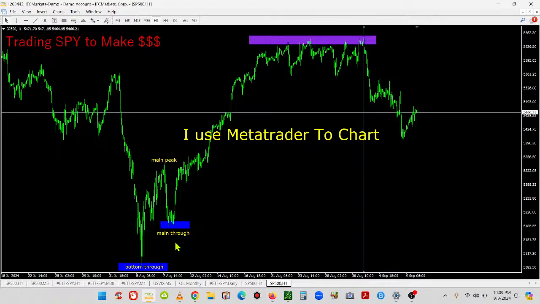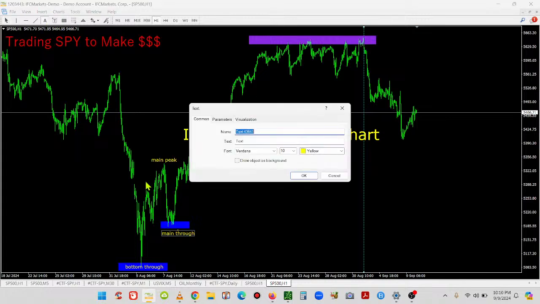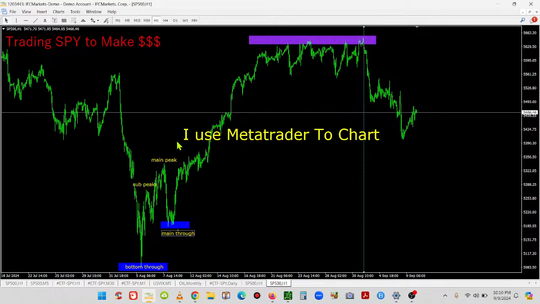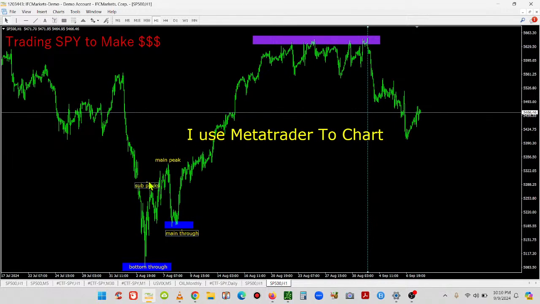So when we have a sub trough right there. So these are sub troughs and these are sub peaks. So we have sub peaks in here.